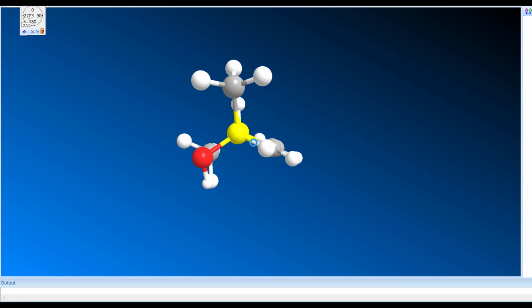So why is it not correct? Well, let's see here. We have a hydrogen pointing this way. Then we have a CH3. Aha, see that?